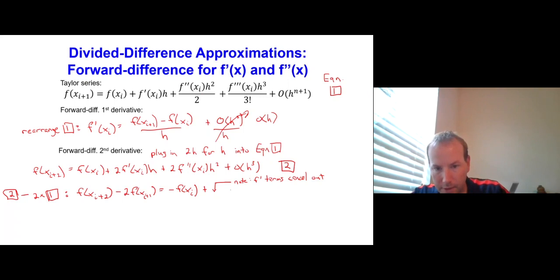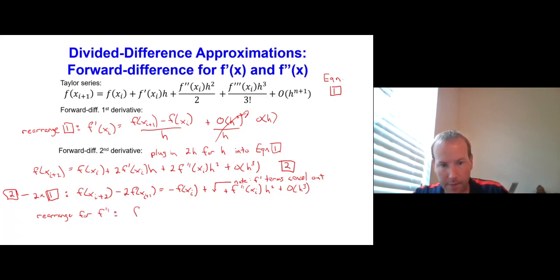And so what's left is f double prime of xi, h squared. And so the error is on the order of h cubed. And so we can now rearrange this. And we're going to rearrange this for f double prime.